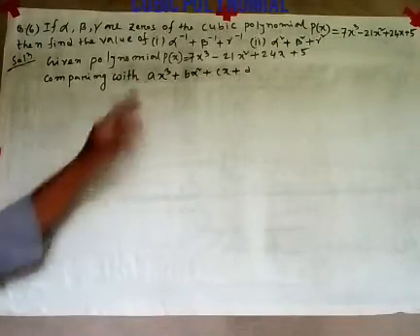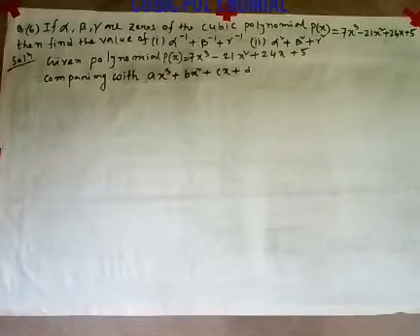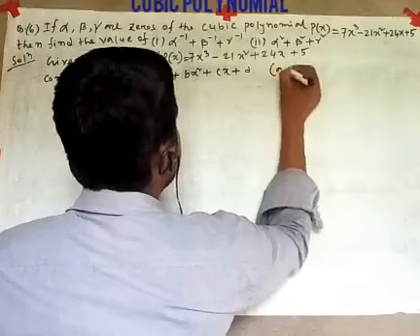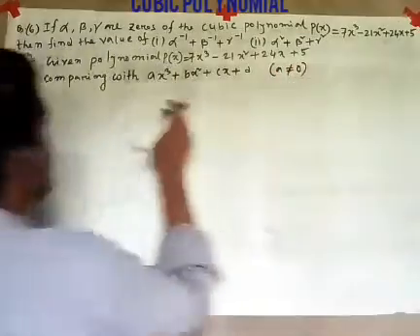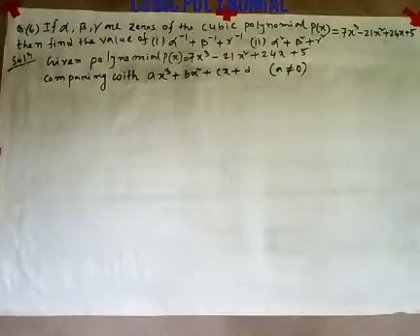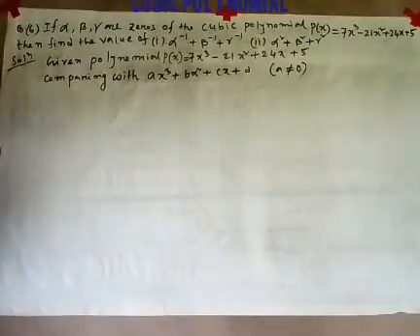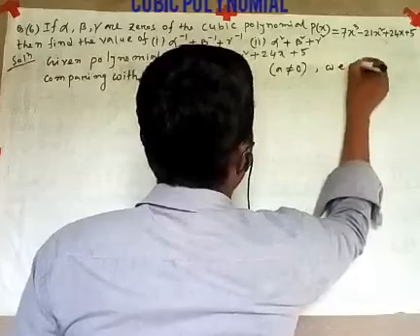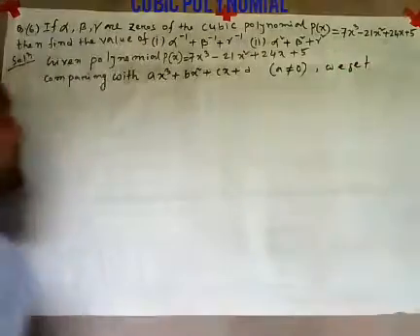So with this, if you compare, in this case always remember a not equal to 0. This a value cannot be 0. What will we get?